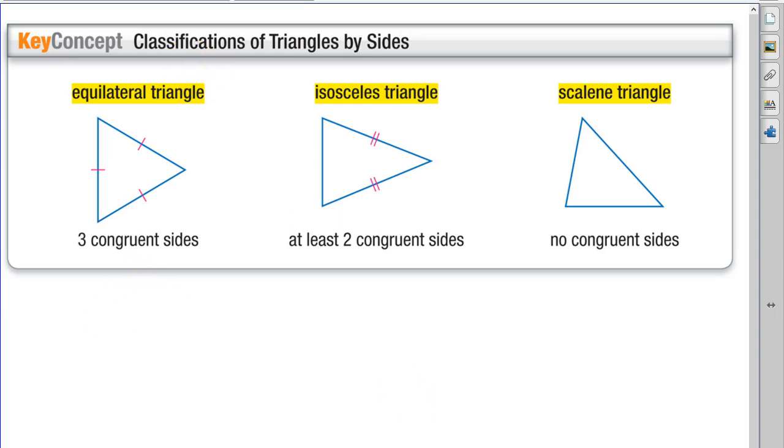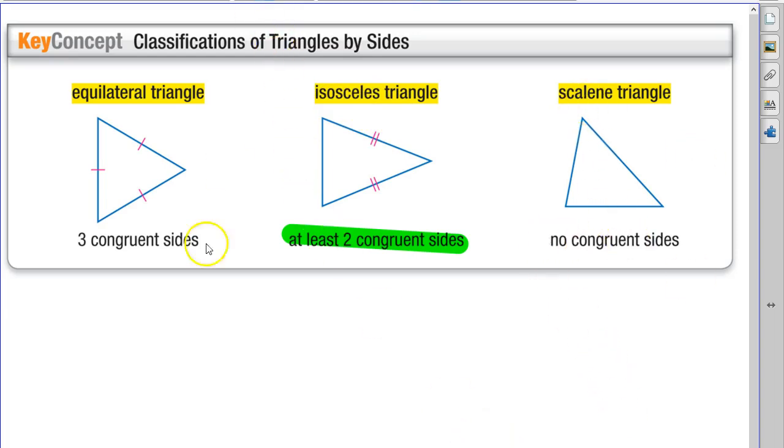Isosceles. Now this is something that might be different from your previous math classes, but for us, isosceles is at least two sides congruent, not only two sides congruent. And again, I'm pretty generous about spelling, so if you misspell isosceles, I'm not going to freak out at you, but it is ISOSCELES, and not some kind of crazy weird spelling of that. And then scalene is no congruent sides.